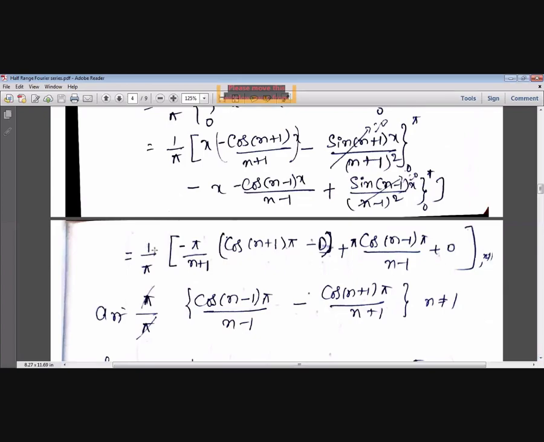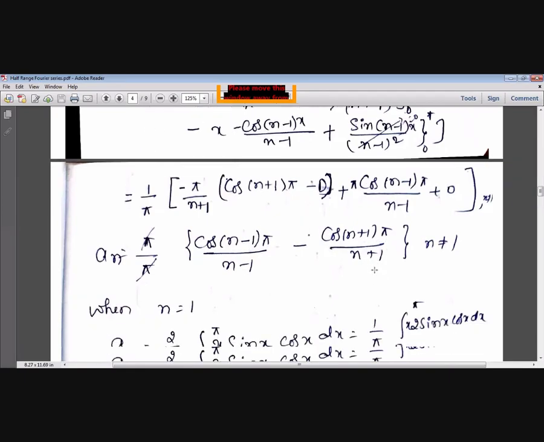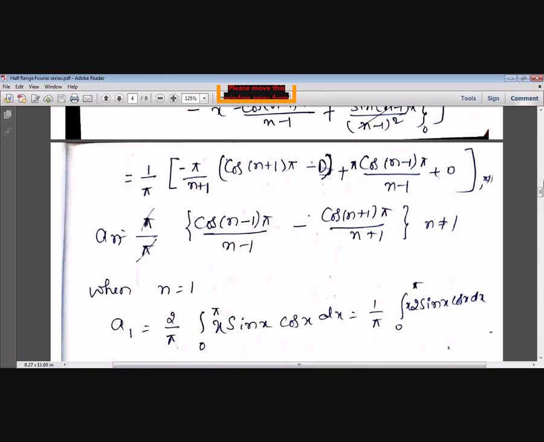Now take pi common. In these two terms, pi is there, take that common, pi by pi cancels. Cos(n minus 1)pi by n minus 1. I will write this first, then cos(n plus 1)pi by n plus 1. Don't put n not equal to 1. We should take n not equal to 1. Why?